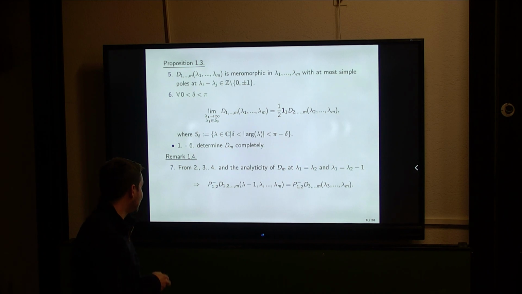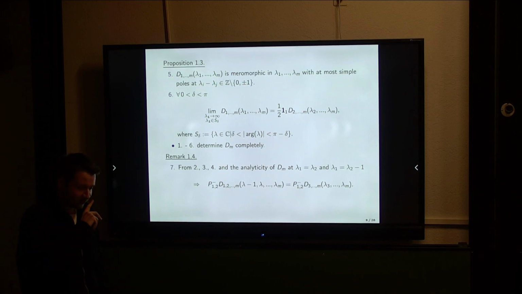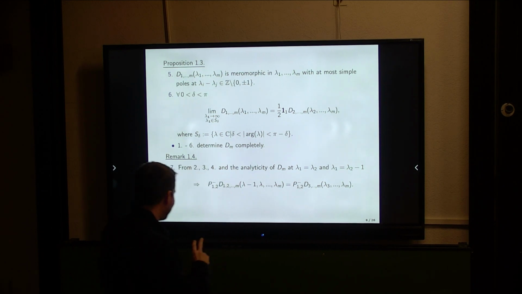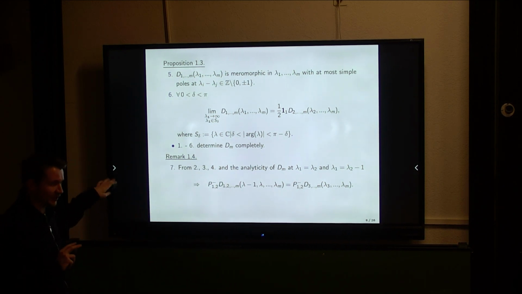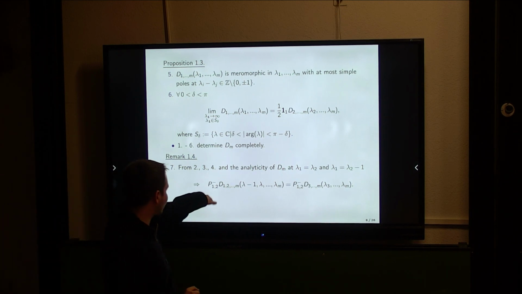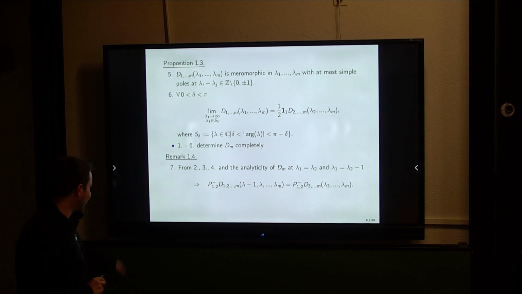Let me postpone this explanation because I want to go a little bit more into the construction. Let's just take this for granted for now and believe that this projection relation is true.